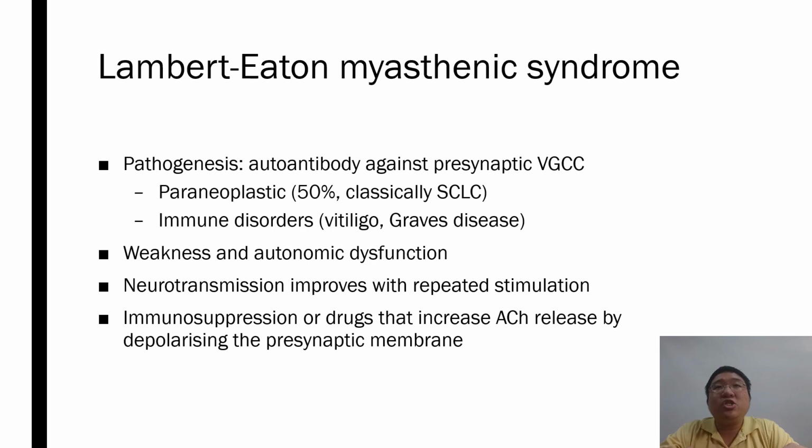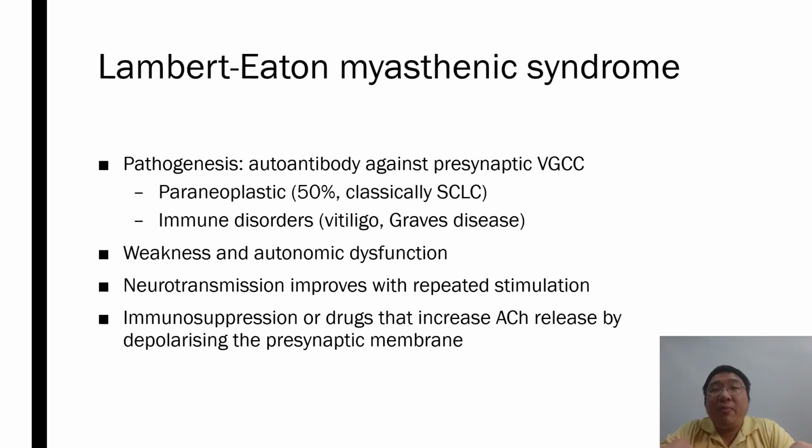It is also associated with other immune disorders such as vitiligo and Graves' disease. So the patients will present with weakness or autonomic dysfunction. In contrast to myasthenia gravis, the weakness will be improved after repeated stimulation.